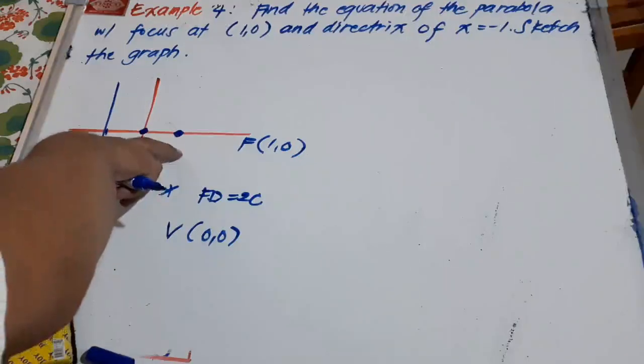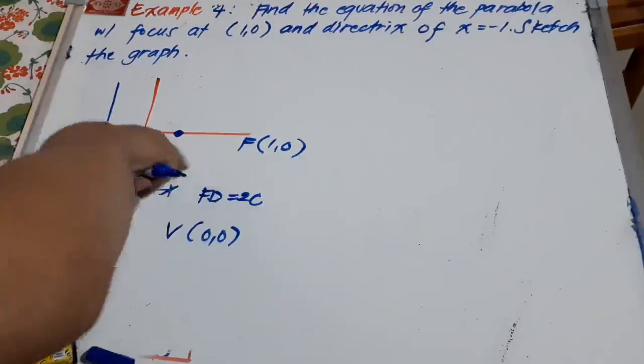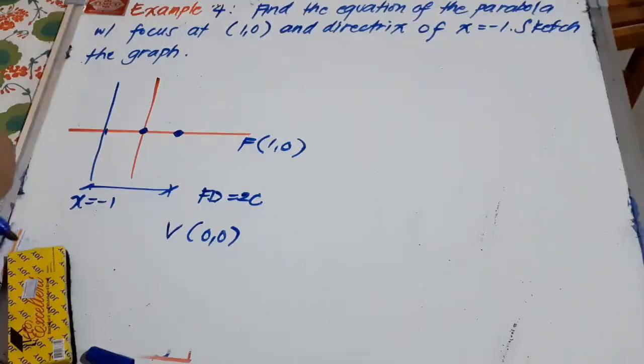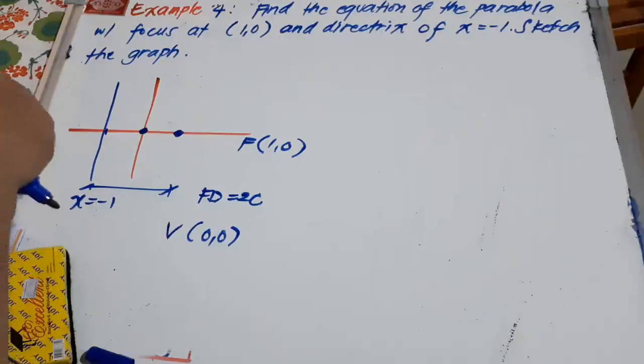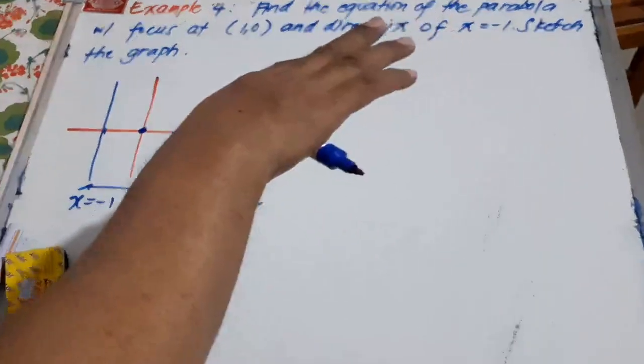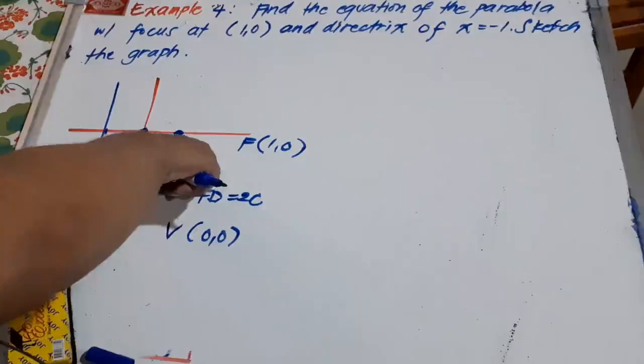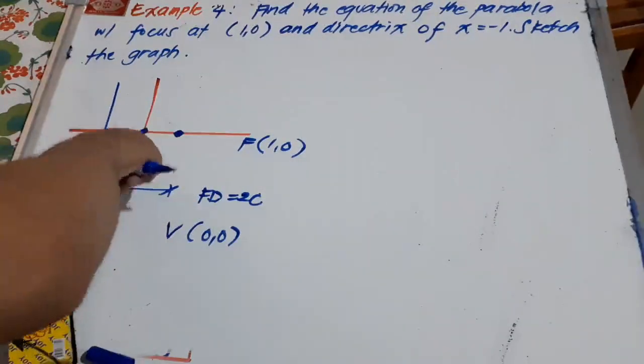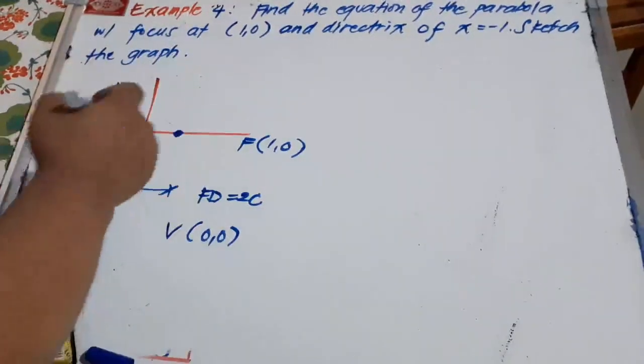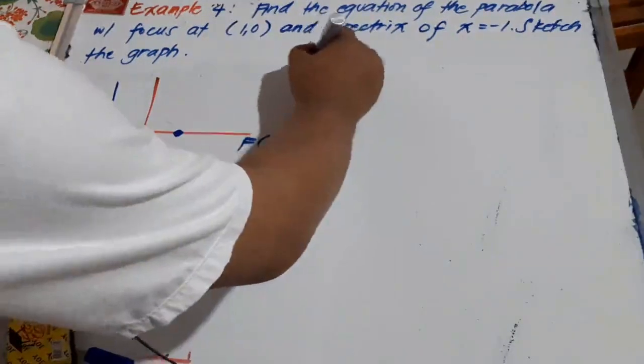Okay. So, ito yung ating vertex. Midpoint siya nung directrix and focus. So sa makatuwid, ang ating parabola opens to the right. Okay? So na ito yung focus, na ito yung vertex, na ito yung directrix, opens to the right siya. Parabola opens to the right.